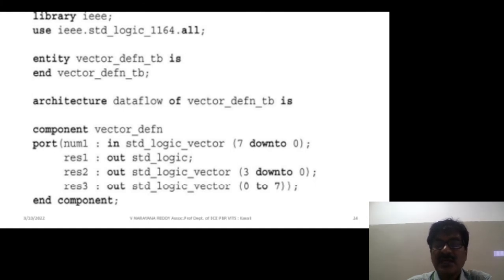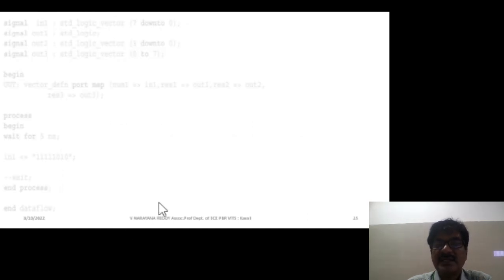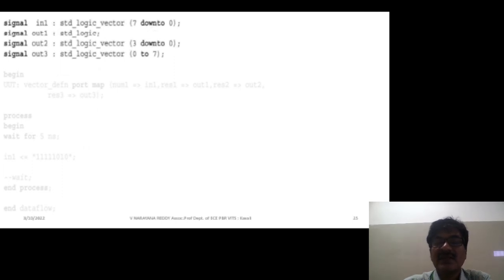Similarly, for these signals num1, register 1, register 2, register 3, you need to declare internal signals using the keyword signal: in1, out1, out2, out3. These names are given with reference to how many ports are in the entity or component declaration.